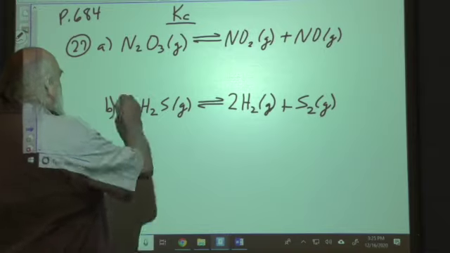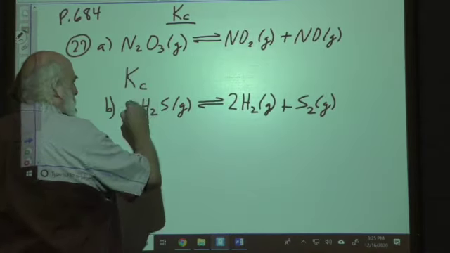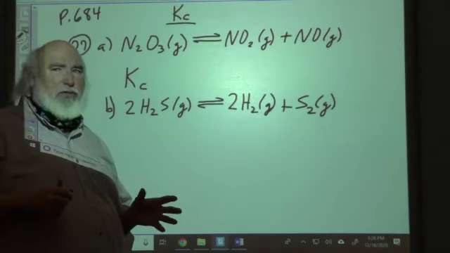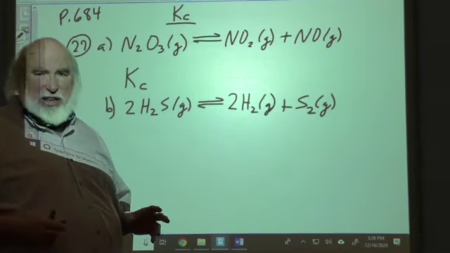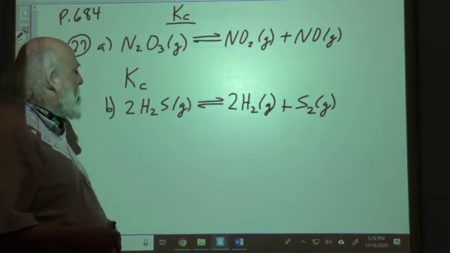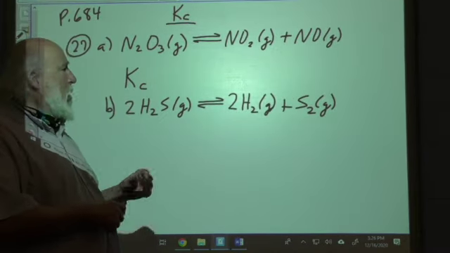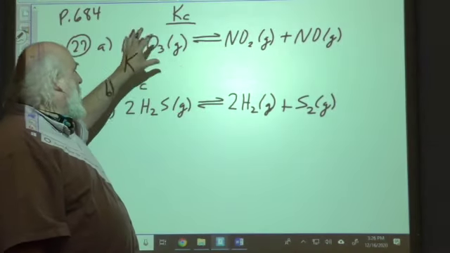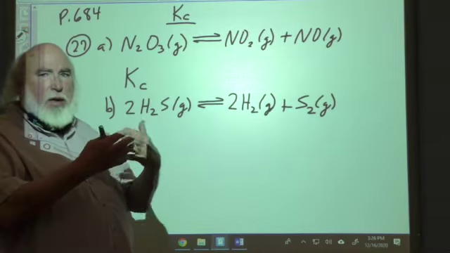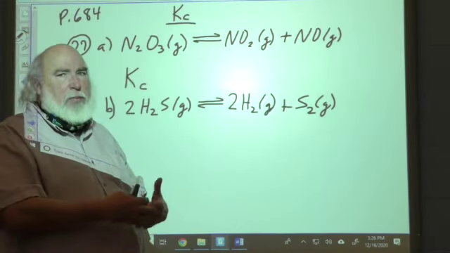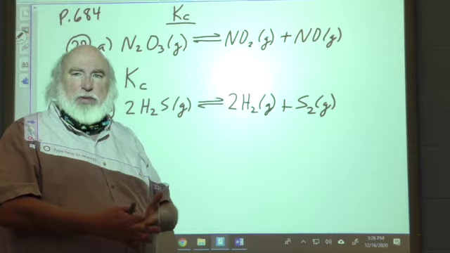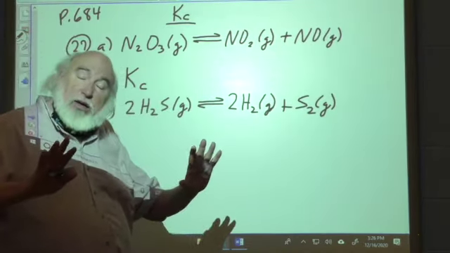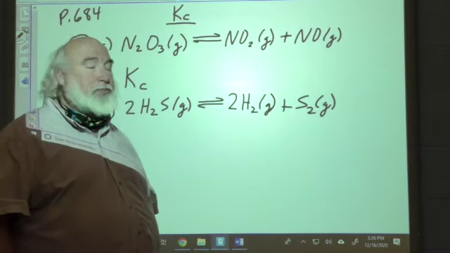The K, in this case concentration, and we're going to express everything in concentration form using brackets. But it turns out that if you have a ratio of the products divided by the product of the reactants, in other words, you're multiplying the concentrations at the top and the bottom, that value is a constant. It's going to be the same, again, not changing temperature or pressure.